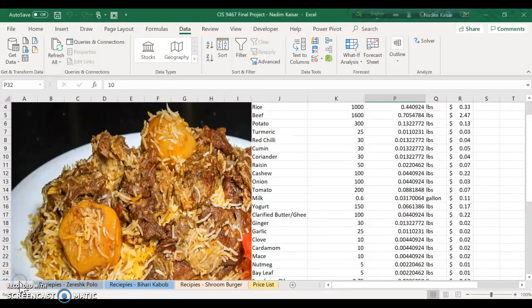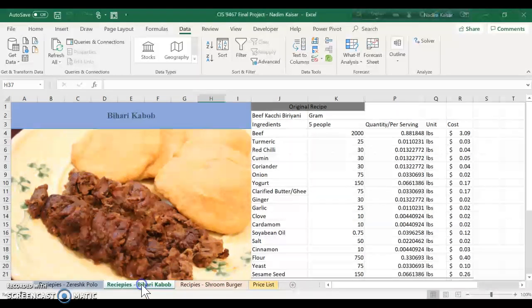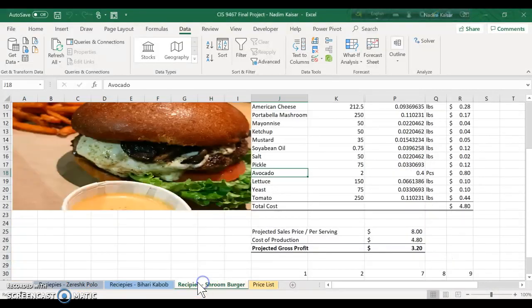The only thing that I have here for kids is the shroom burger, which I priced at $8, because I think that for a kids meal, pricing it at a higher rate like other recipes is going to be a little ridiculous.